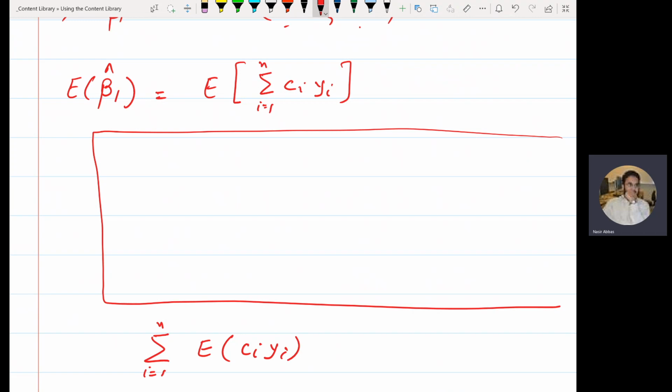The distribution of beta 1 hat will be given if I don't ask you to derive that. The mean and variance, which I'm going to derive now, will be given if there is no question in the exam to derive them. Anything that I don't ask mathematically and you only need to use, will be given.